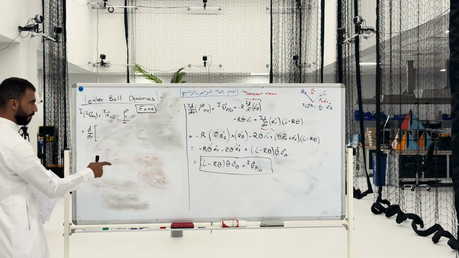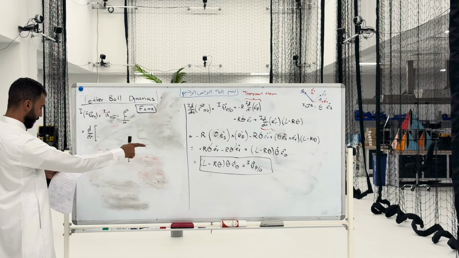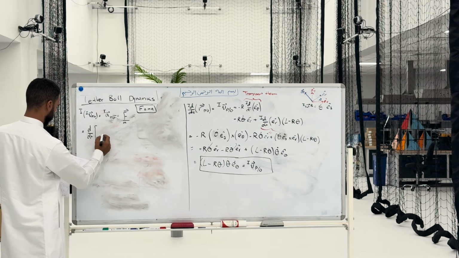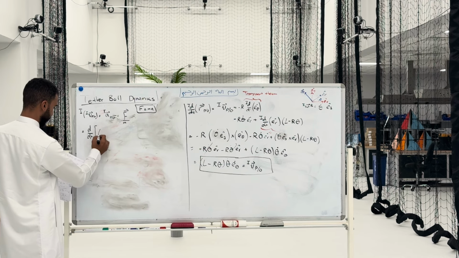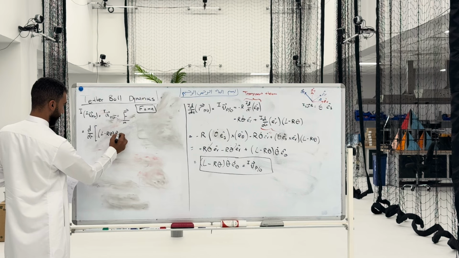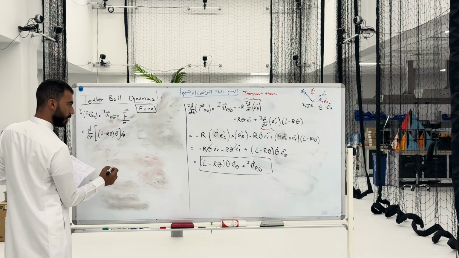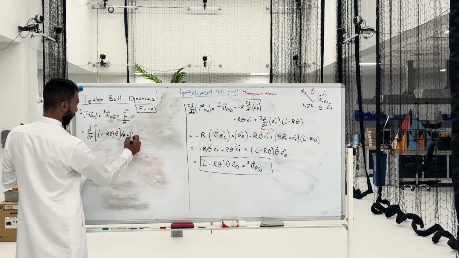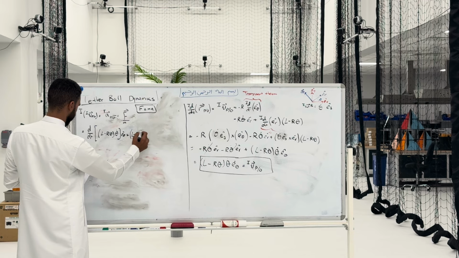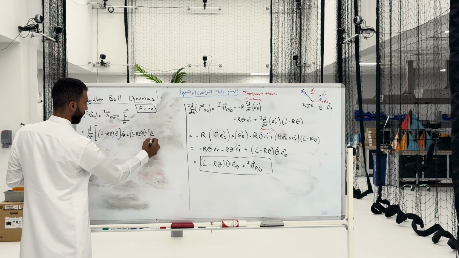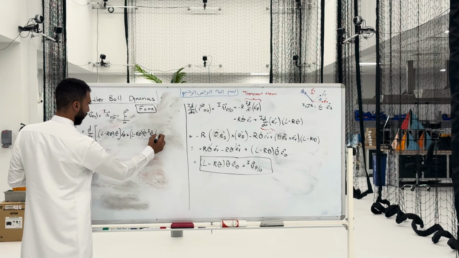So the inertial derivative of that thing, again, product rule. L minus R theta, theta dot, in the E theta direction, plus L minus R theta, theta dot, times the inertial derivative of E theta.